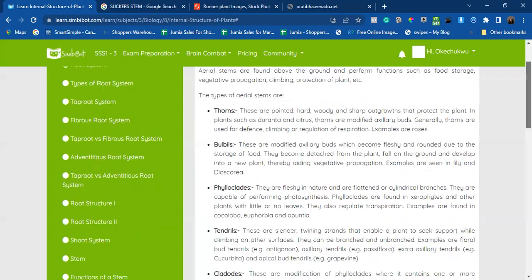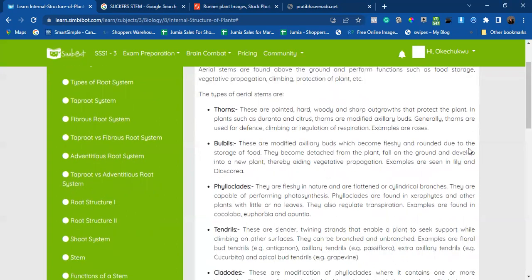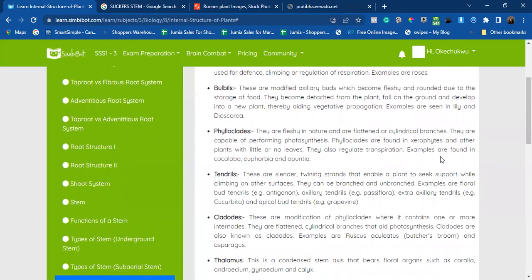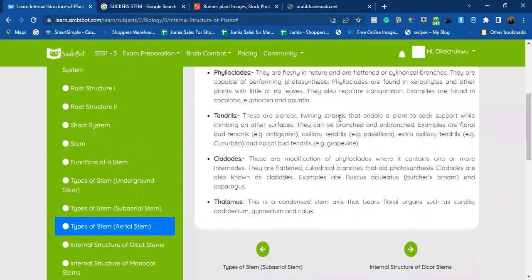Number two, the bulbils. Three, phylloclades. Four, tendrils. Five, cladodes. Six, thalamus.